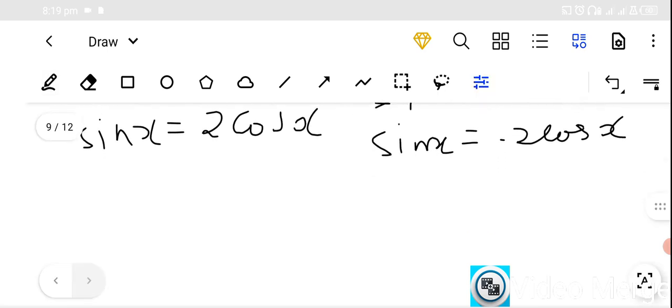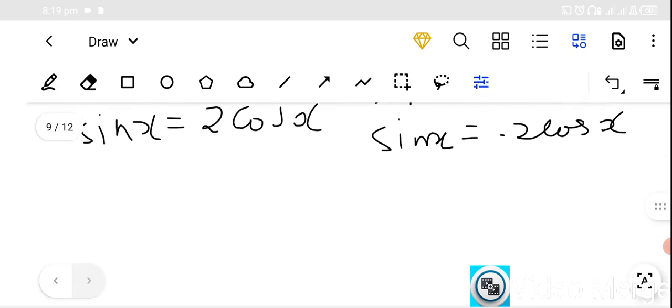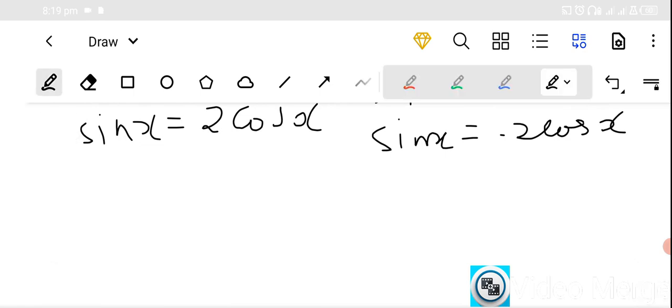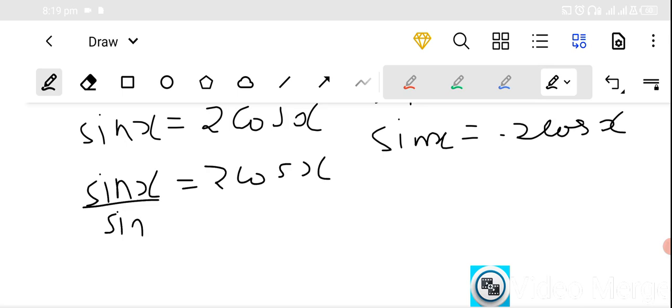So we think of an identity that is easy to form. We'll just say sine x is equal to 2 cos x. Since I'm saying easy to form, let's divide by cos x. I think that one is easier to form.